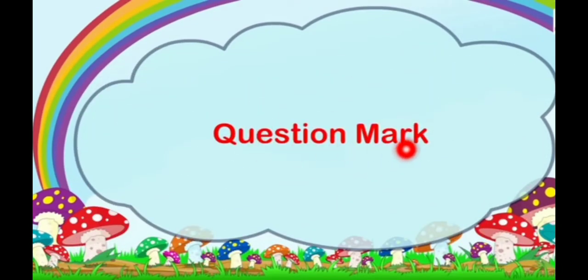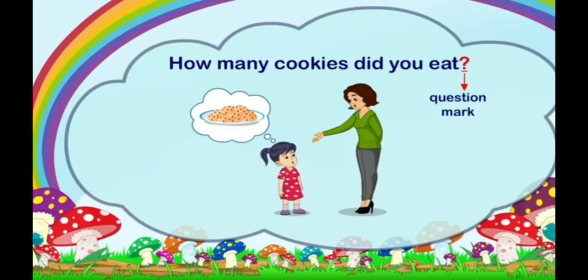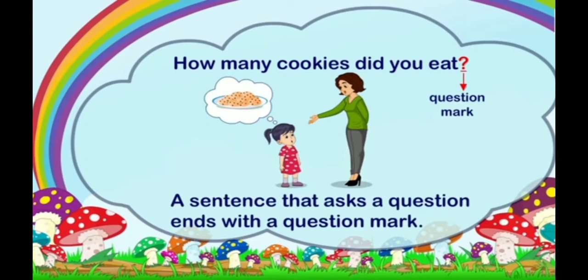Now question mark. Let's see the example first. How many cookies did you eat? There is a question mark in the end. But why have we put question mark here? Here is the answer.